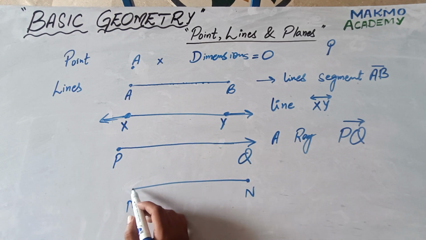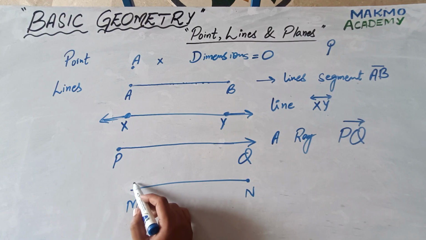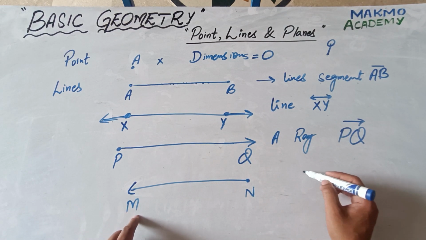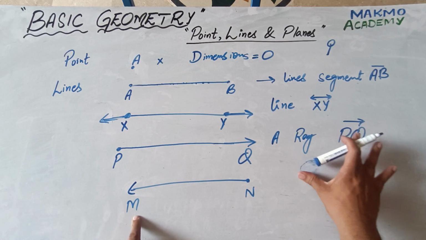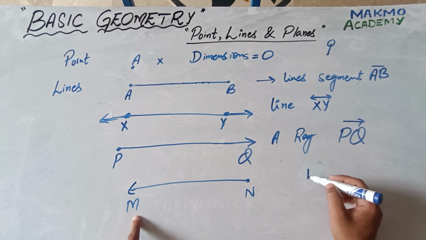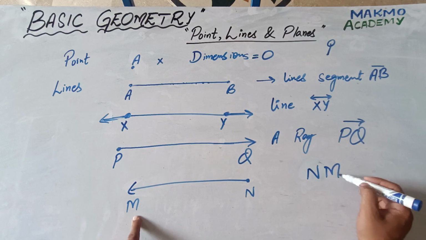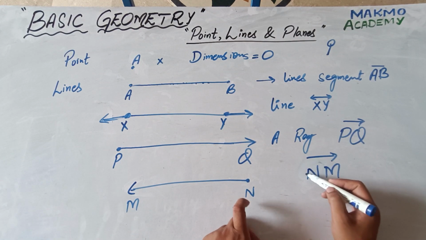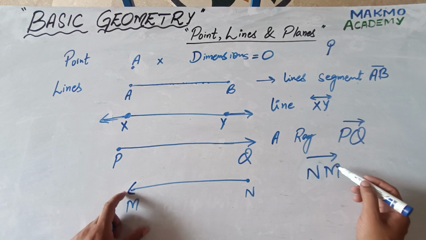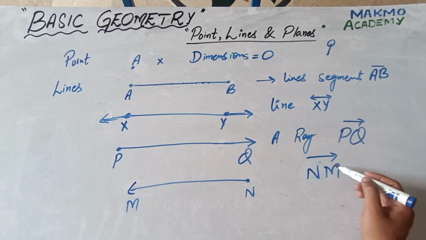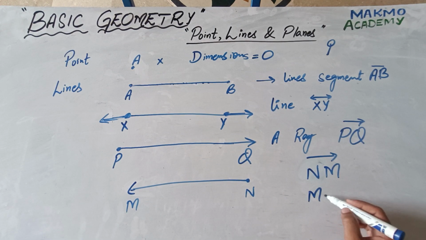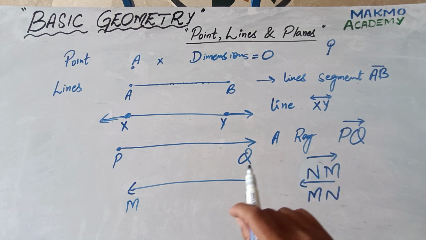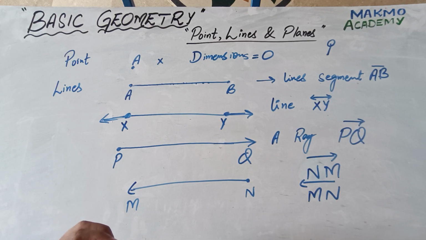For example, if I have drawn an arrow at the top of N, this is the stopping point, the fixed point, at N, and M is not the fixed point. So we can name it like this, or we can name MN like this. So these are the ways to represent a ray.